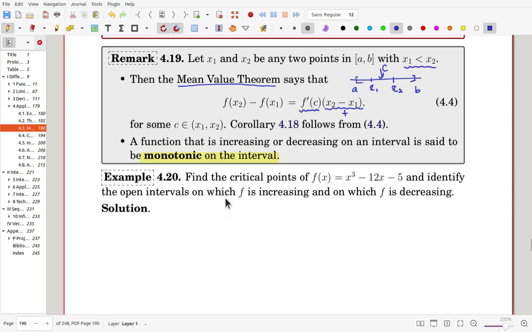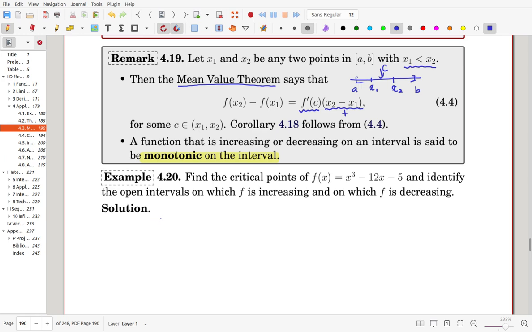In this example, we'll try to find the critical points of the function, and identify the open intervals on which f is increasing or decreasing. Okay, let's try to find the critical points.